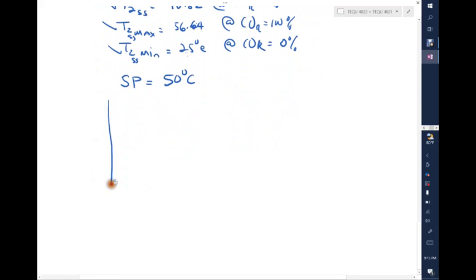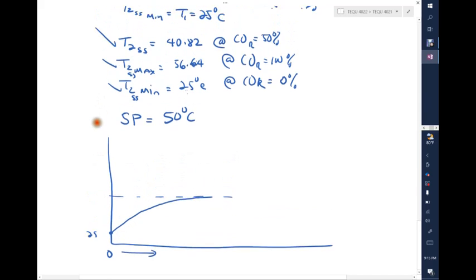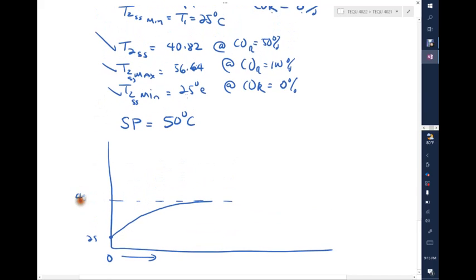Let's do a graph. At time 0 you have an initial condition at 25 degrees C, and you heat the content until reaching a steady state value of about 40.82.